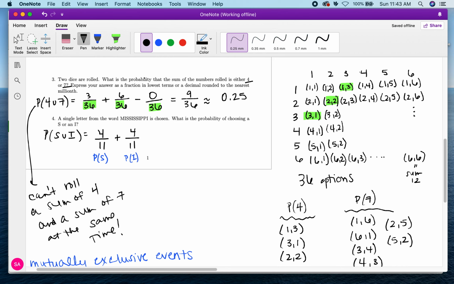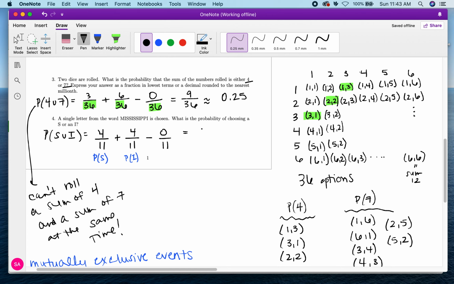And then this is a problem similar to the last one. If we're picking a single letter from this word, is it at all possible that we can choose both an S and an I at the same time? Not possible, not at all. So you could stop here and just add these fractions, or if you just want to, finish the original formula, there's no way we can pick both of those letters together, so 0 out of 11.